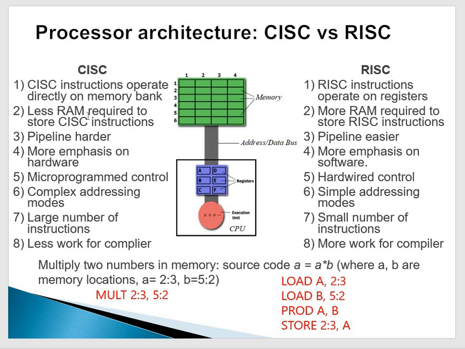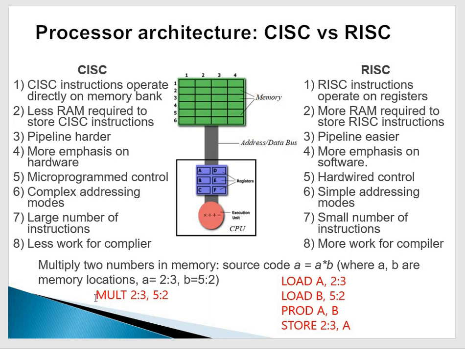So as per the feature of the CISC processor, this instruction can directly fetch or load the data of memory locations 2 and 3 for number A, and locations 5 and 2 for number B. It will read the data, get these numbers into the CPU, multiply them, and then store the result to locations 2 and 3.